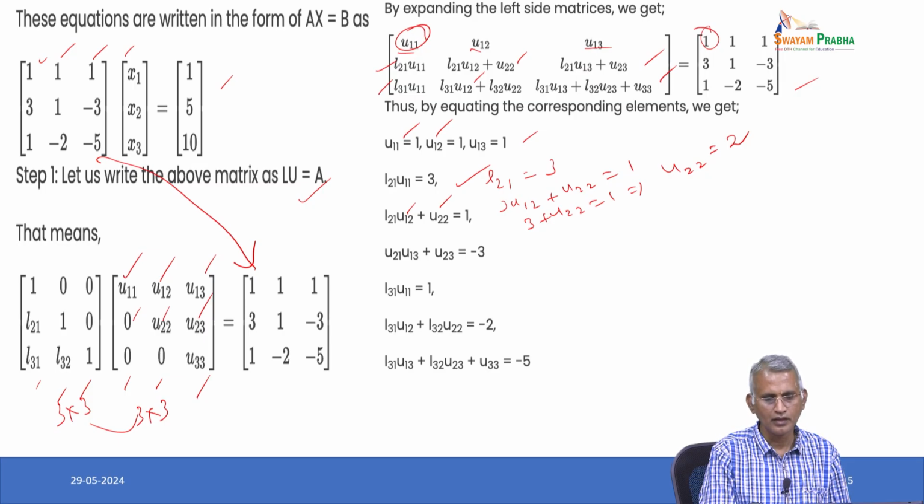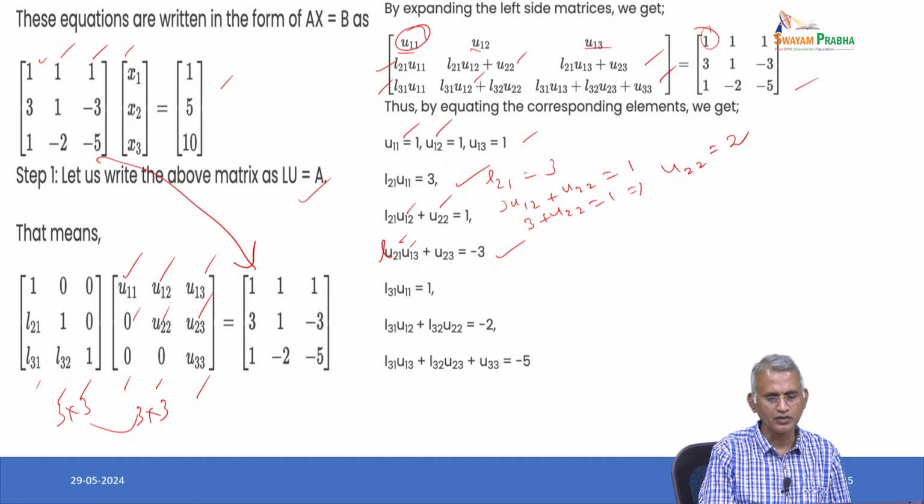Similarly, second row third column, that is L21 into U13 plus U23 equal to minus 3. You know the value of U13 is 1, L21 value you also know, 3, and U23 is to be determined, substitute it, you can get the value.